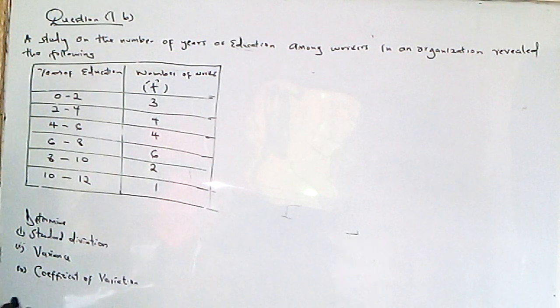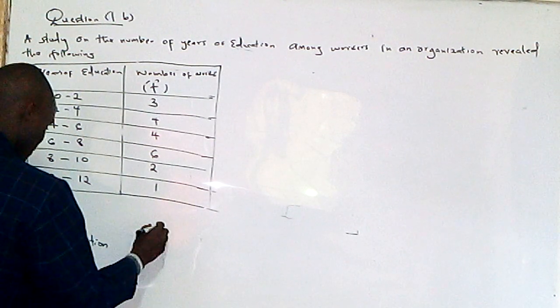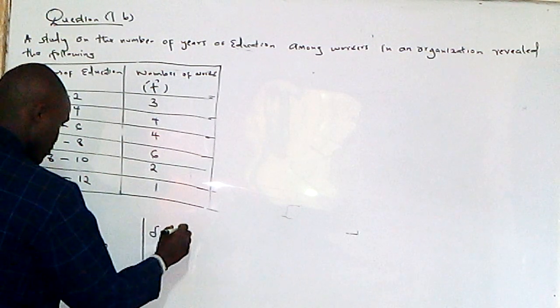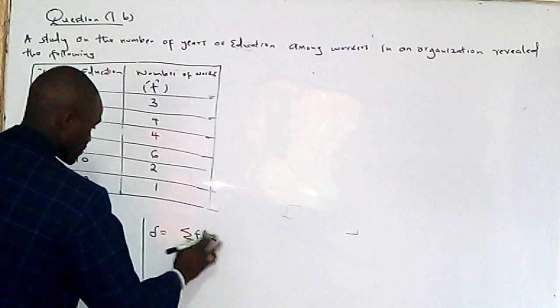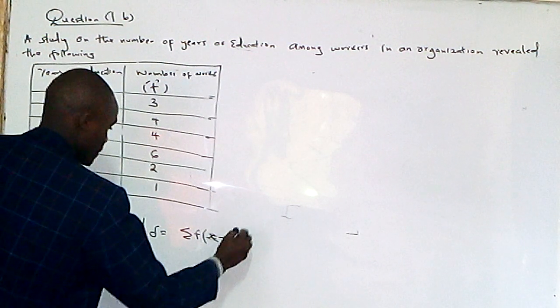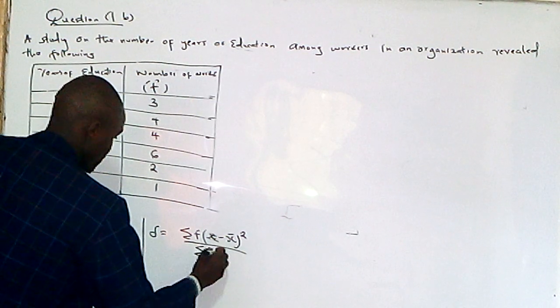So to find the standard deviation, you say standard deviation is equal to the square root of summation of f in bracket x minus mu squared over summation of f minus 1.